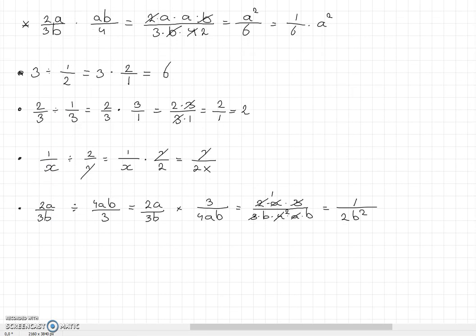Dividing fractions also works the same with letters as it does with just numbers. Dividing by a fraction is multiplying with its reciprocal. So if you have to divide by a fraction, you change the division into a multiplication and you change the fraction into its reciprocal. And then you multiply them by using the multiplication rules.